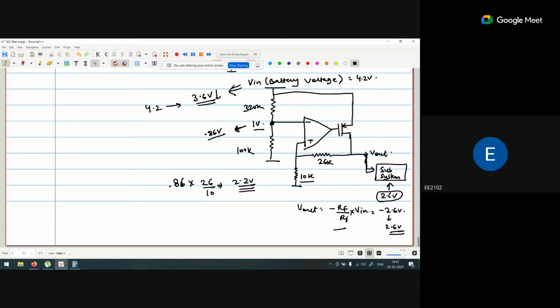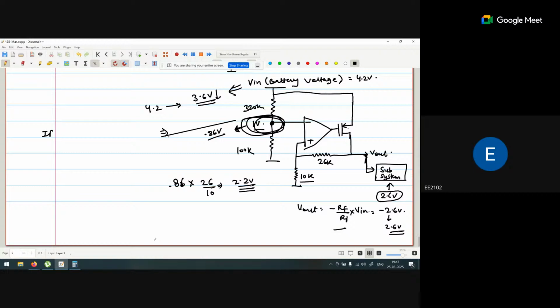So what do we do in this case? We have to maintain this voltage.